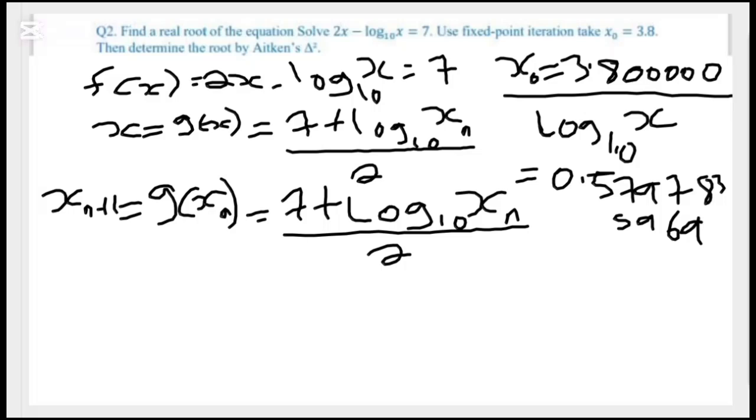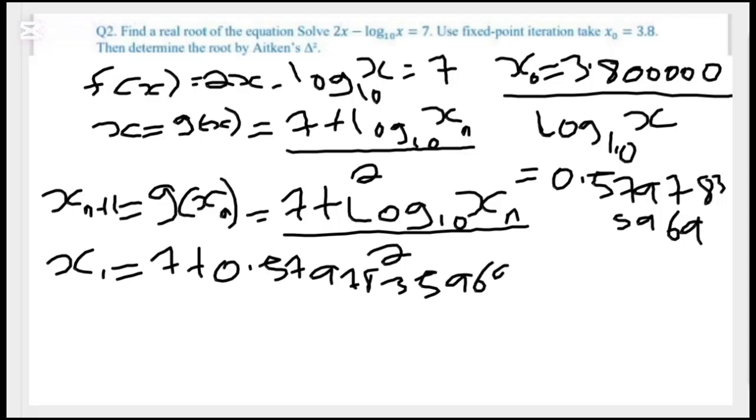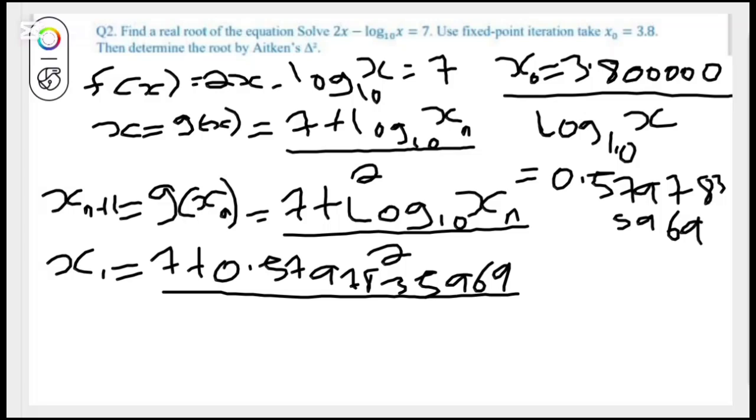So as n is equal to 0, 1 plus 0 is the same thing as 1. So I'll have x1, I'll say 7 plus 0.5798 35969. I have to divide it by 2. So the next thing that I'm going to do is that, let me divide this.